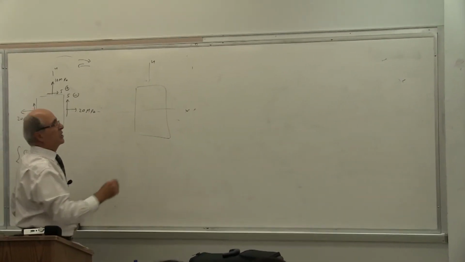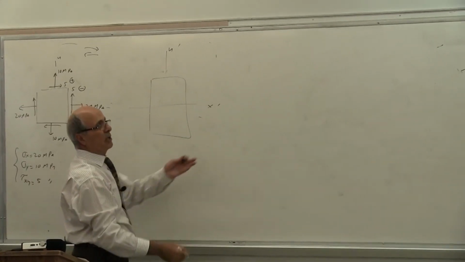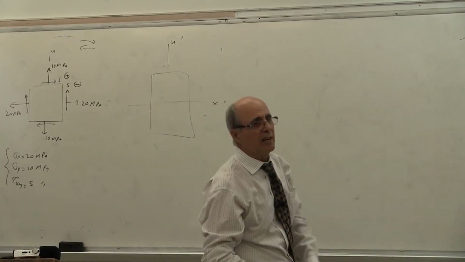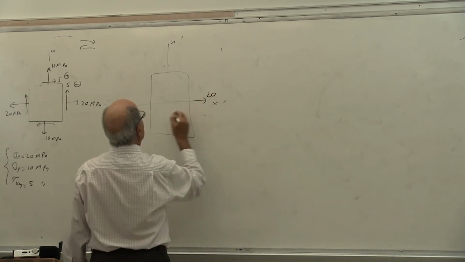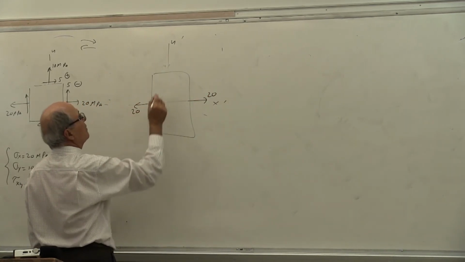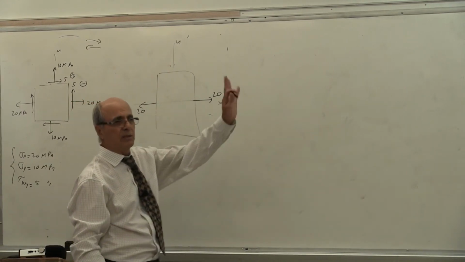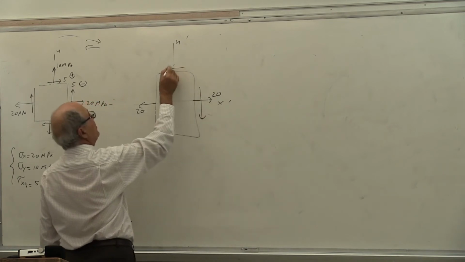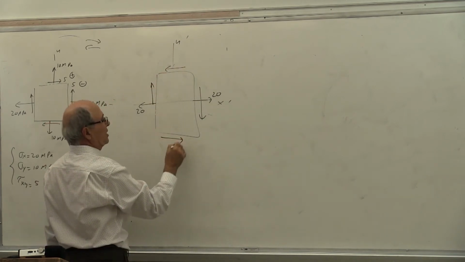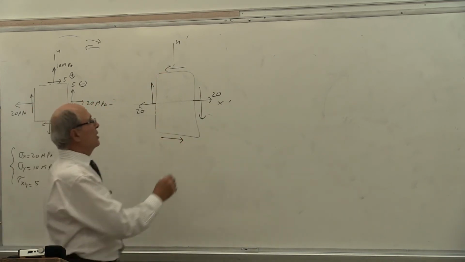Yes or no? What is the stress in the x prime direction? You calculate the value. The value is 20. That's right. So this is 20, 20. What's the value in the y prime direction? 0. What's the shear? Negative. This is the negative shear stress. Is that correct or not? And that value is 17.32.